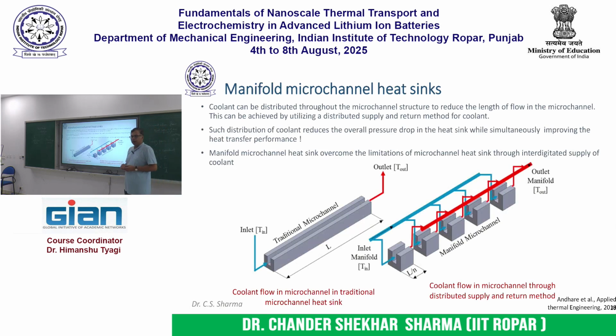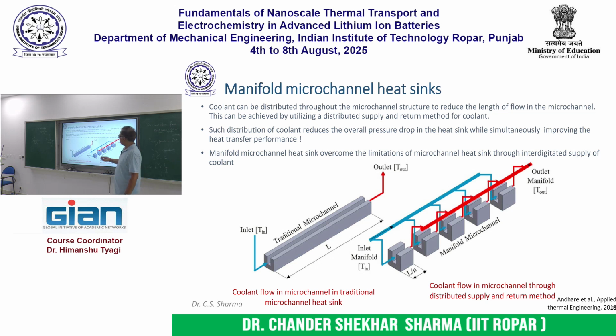Now if I am forcing a viscous fluid like water to flow through microchannels, there is going to be a large pressure drop, right. So how can I minimize that pressure drop, okay. As I mentioned, flow of water through microchannels was demonstrated 40 years back, but the pressure drop is large in such an architecture. So what can I do there?